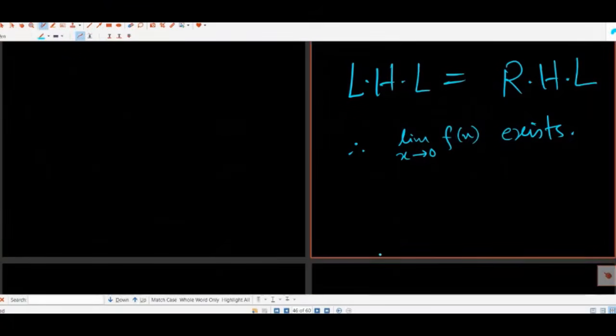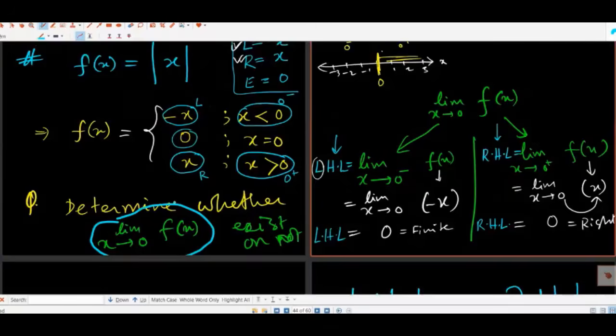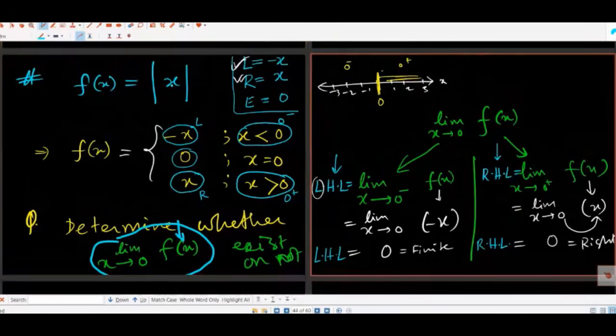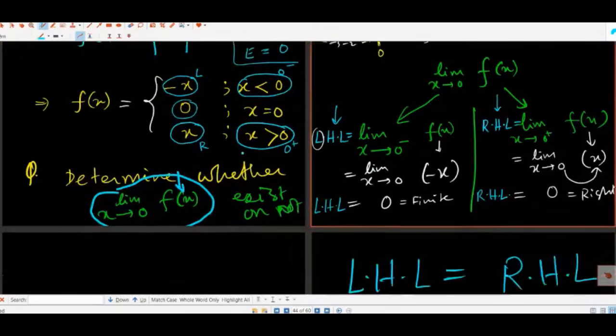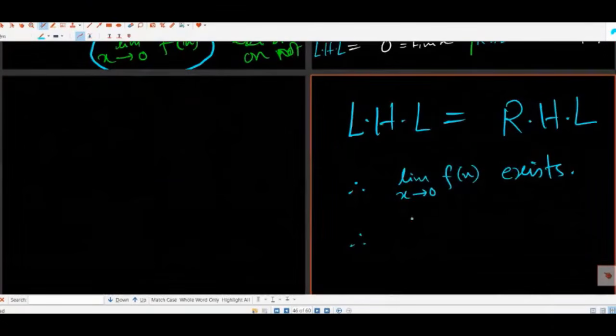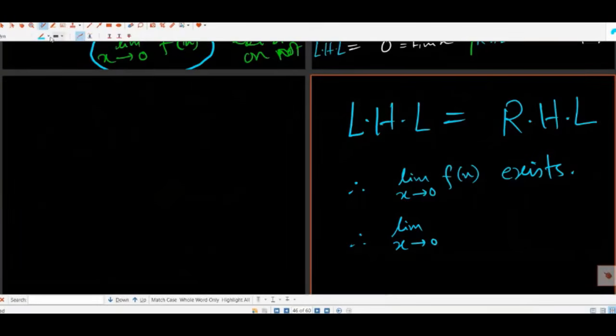That means, let me write in this notation, the main function that we have is the modulus of x, the absolute value of x. In some textbooks you will see this type of notation. So the limit of the absolute value of x when x approaches 0 actually exists, right?